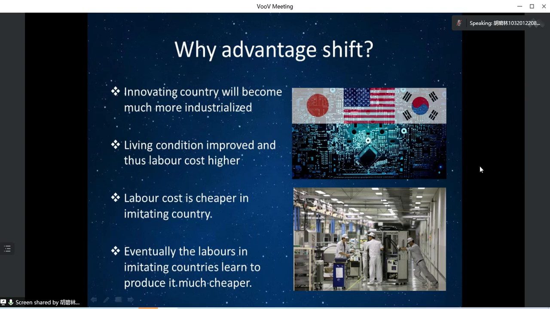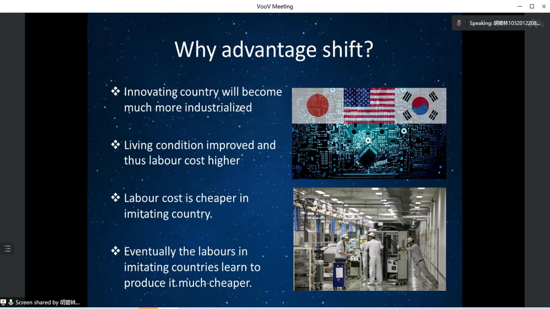Innovating countries in the end will become more industrialized. This is where their living conditions will improve, and the wages of the workers will become higher and higher, and therefore the labor costs also become higher and higher.